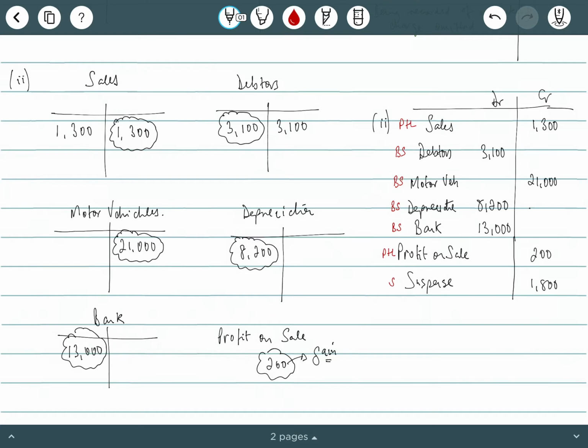Now we have to make a little entry here, so being corrected. Why is it being corrected?